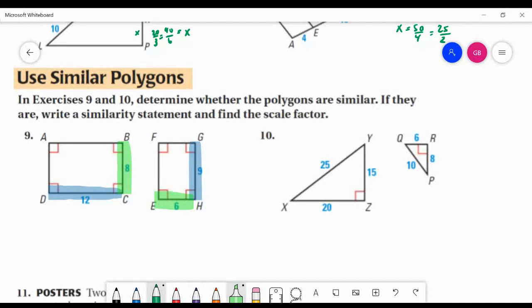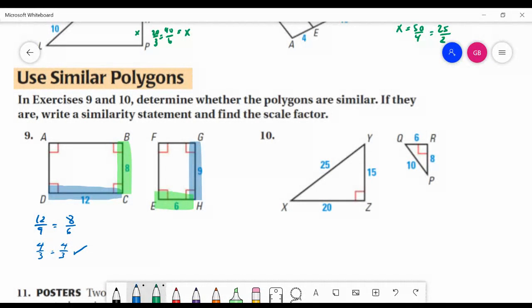So let's check if the proportions are the same. So is 12 to 9 equal to 8 to 6? Okay, on the left, I'm going to divide everything by 3 to get 4 over 3. On the right, I'm going to divide by 2 to get 4 over 3.